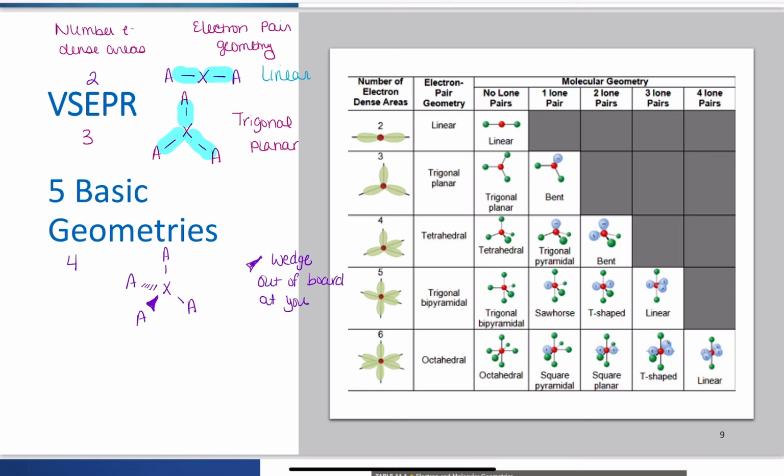This is a dash, and we say the dash is behind the board, away from you. But this has 1, 2, 3, 4 areas of electron density, and we call this tetrahedral.